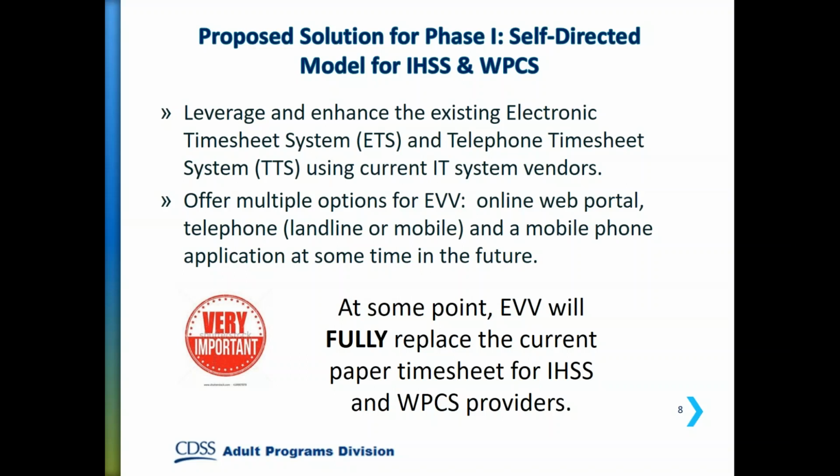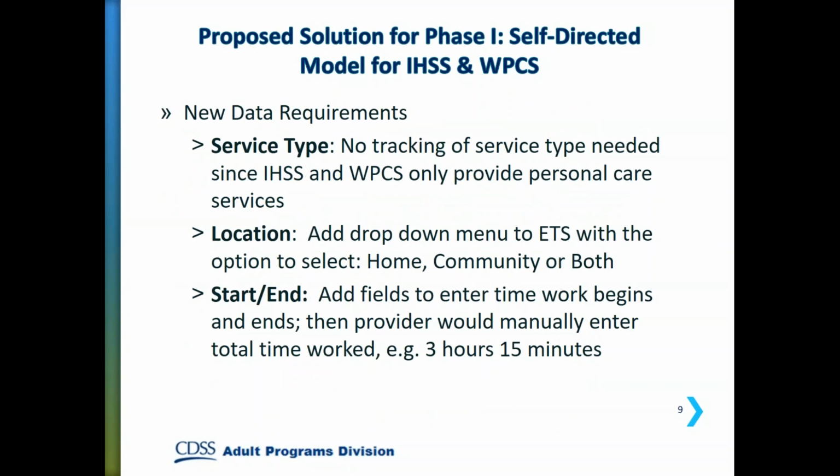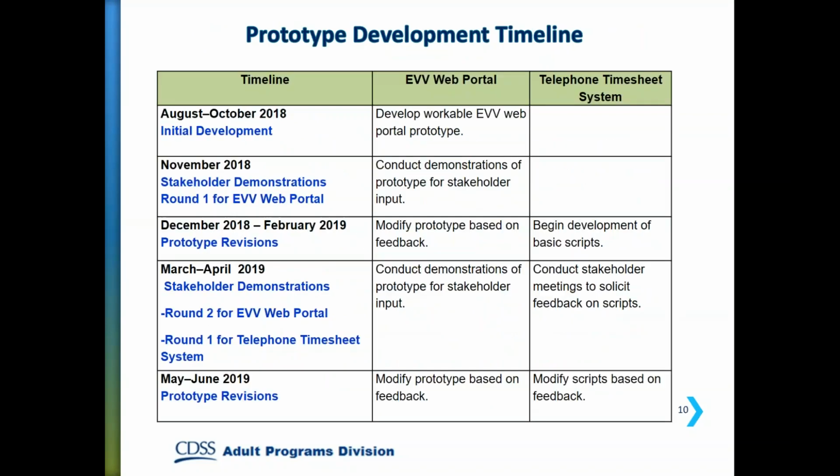So that kind of gives us a little bit of information about where we're at so far. We also want to share a little bit of information about an overarching timeline. So we went through the stakeholder process last year, landed on this approach, and now in this year, between this last July and next June, we're going to be building our prototypes.